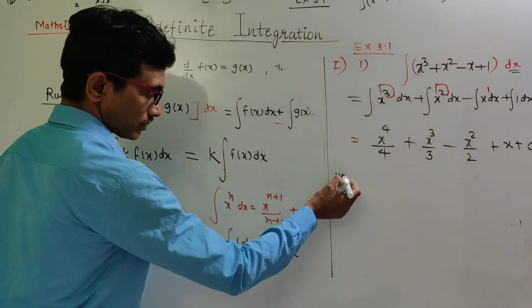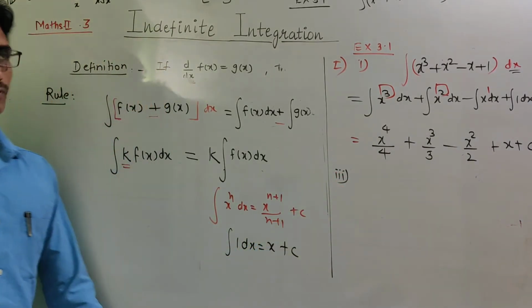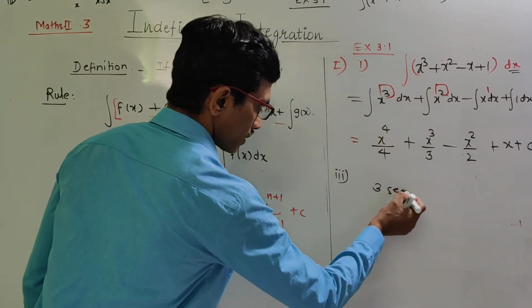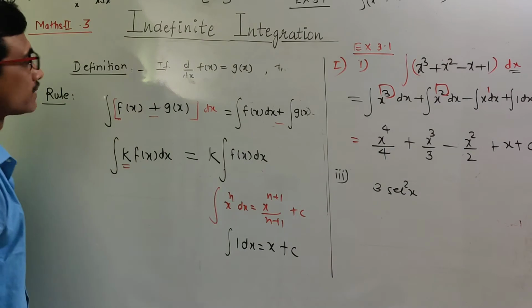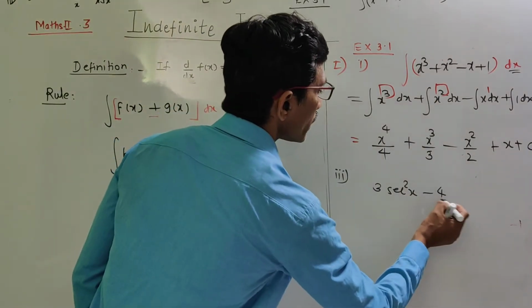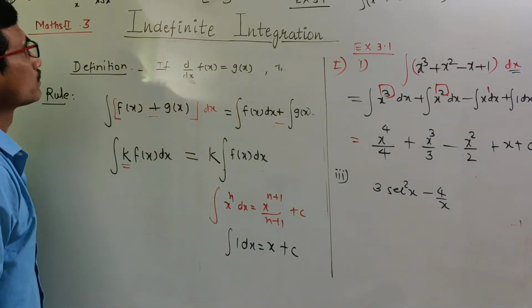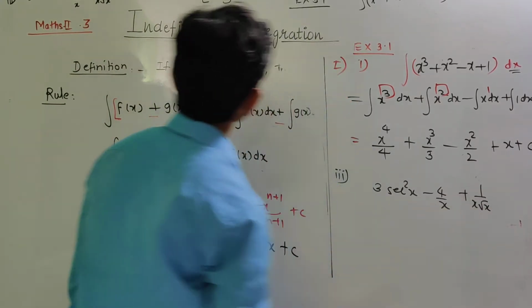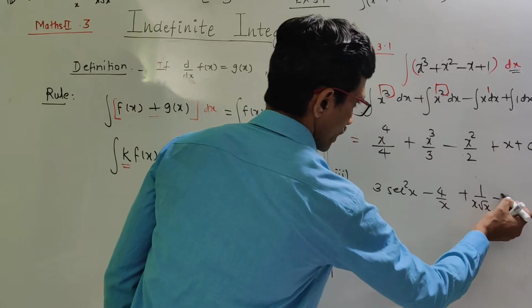Then third question we do: 3 times 3 sec square x minus 4 upon x plus 1 upon x root x minus 7.